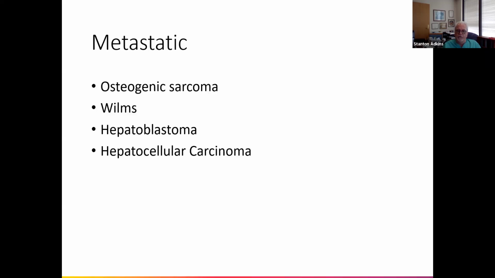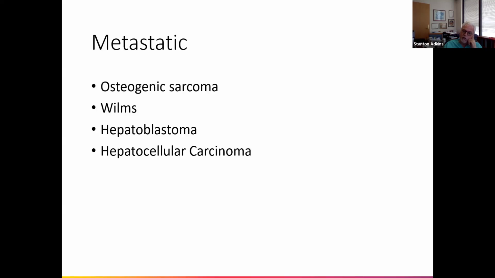And then hepatoblastoma and hepatocellular carcinoma. There, we typically are not going to be operating on the lungs. Hepatoblastoma is potentially curable even if it is metastatic to the lungs. You would give the chemotherapy, and many times that will improve, and you won't have any residual tumor in the lung.